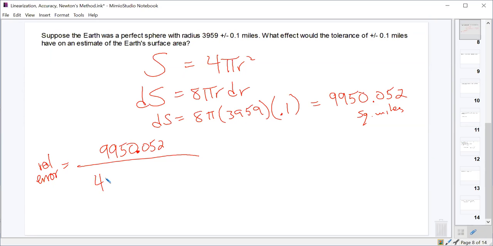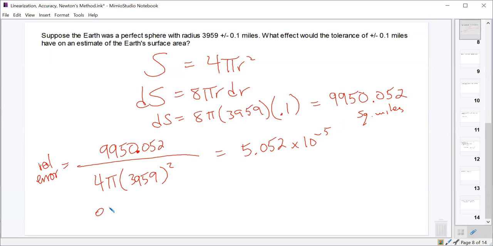It would be 4 pi times our radius squared. And so that's our relative error. What is our relative error if our error in measurement was 0.1 miles? 5.052 times 10 to the negative 5th.